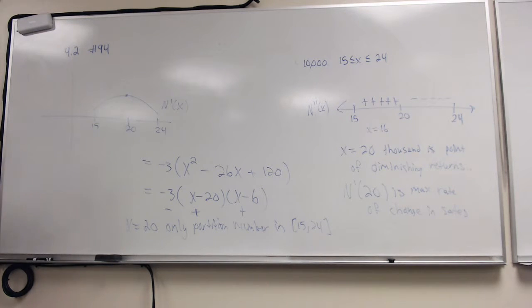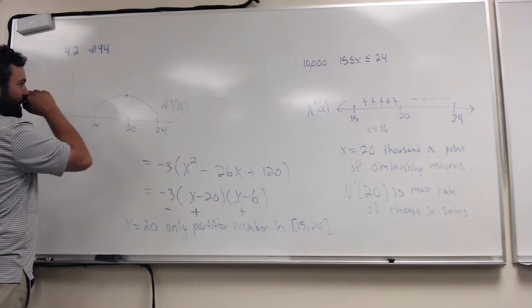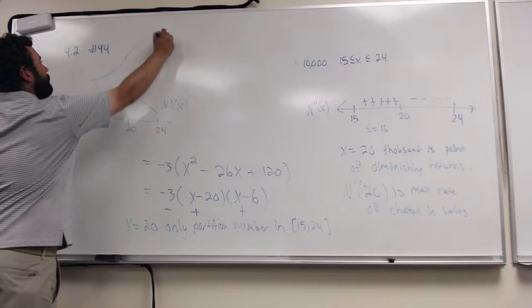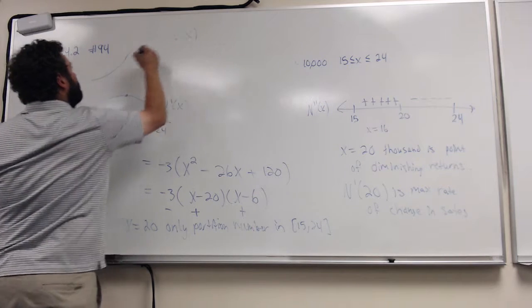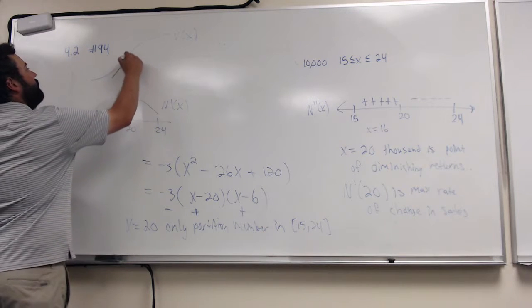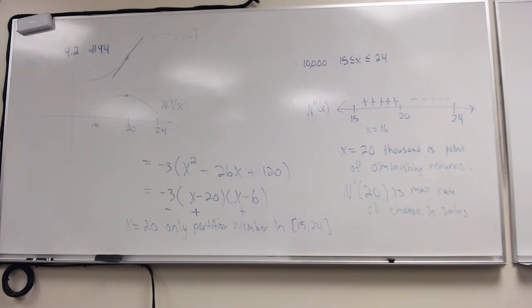Okay? And then here's something you might see on the original graph. What this is really saying is that at the point of diminishing returns, it's really the place where the tangent line of the graph is the steepest.